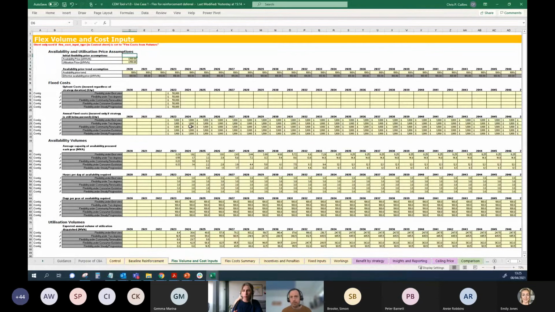In principle, this tool can be used at any scale, but I think if you're trying to look strategically across a whole network area, it's not probably the best tool for doing that. So I'm talking in terms of a substation in this case. It could certainly be multiple substations in a local area, and you're deciding on using flexibility versus reinforcement if you can define all the costs associated with each of those options.